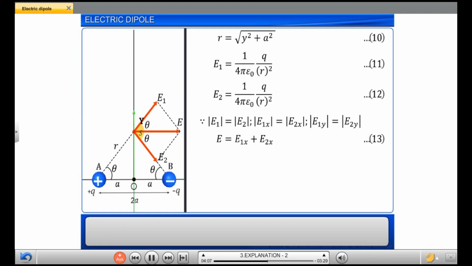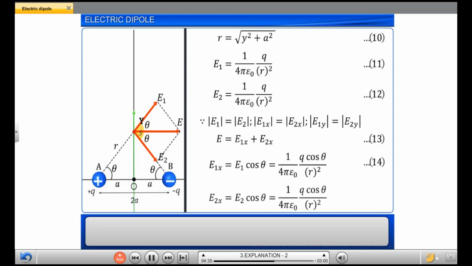As the angle between E1 and x-axis is theta, the component E1x is equal to E1 cos theta. Substituting the magnitude of E1, we get E1x is equal to 1 by 4 pi epsilon naught into q cos theta by r square. Let this be equation 14. Similarly, the angle between E2 and x-axis is theta, and hence E2x is equal to E2 cos theta, which is equal to 1 by 4 pi epsilon naught into q cos theta by r square.